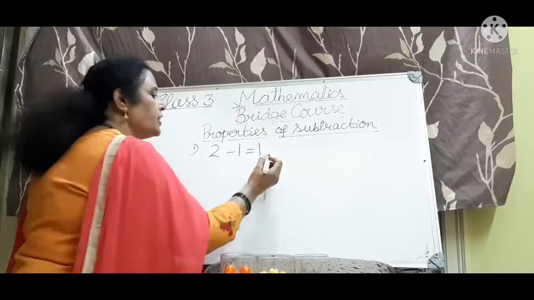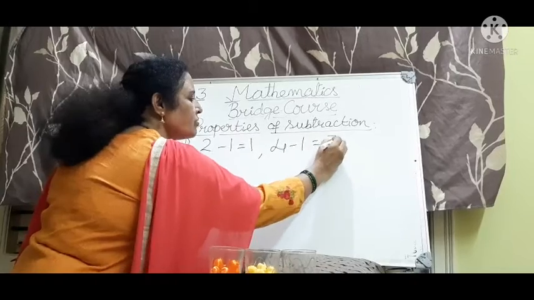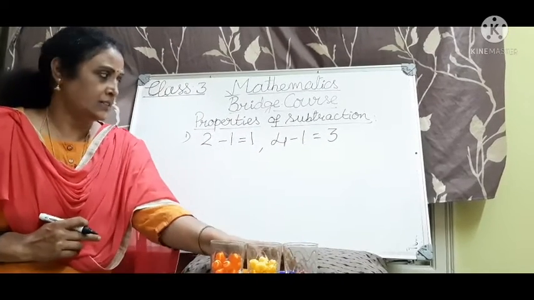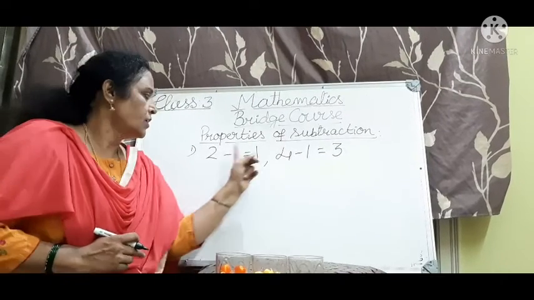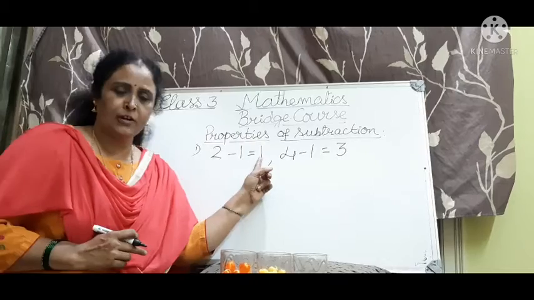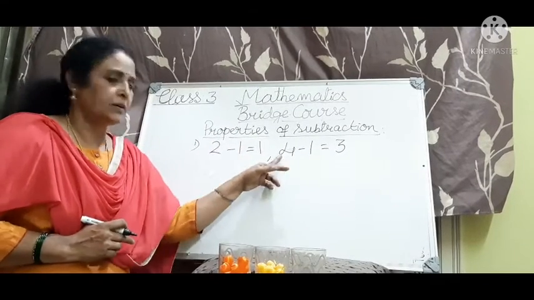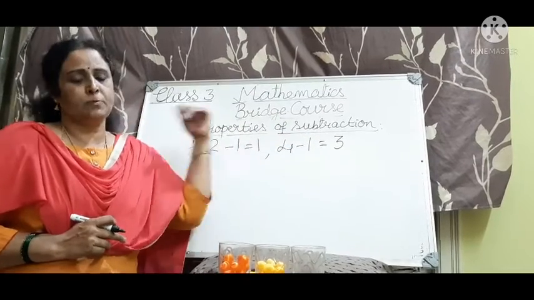So 4 minus 1 equals 3. Children, observe these examples. If we subtract 1 from any number, we will get the before number. That is the first property.